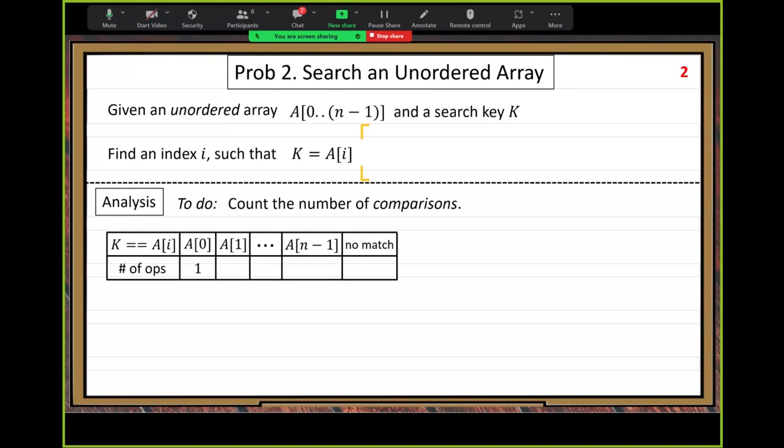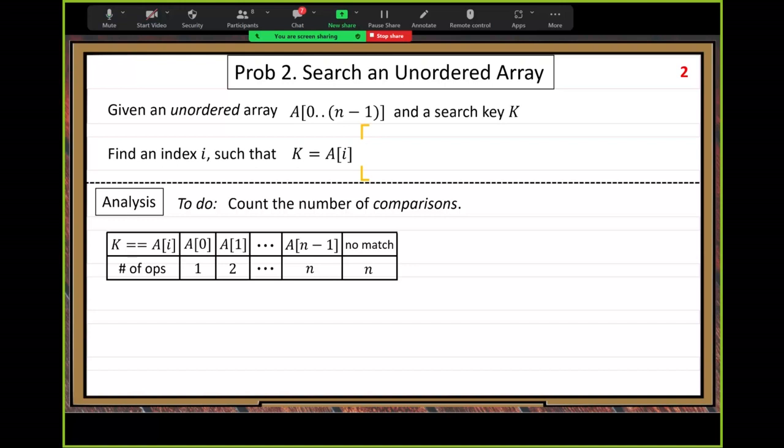In that case, you only need one comparison. The second case, K equals the second element, so you need two comparisons to find it, and so on. If K equals the last element, you need n comparisons to get a search result. But if you couldn't get a match after you complete all the n comparisons, still there is no match, that's the last case.